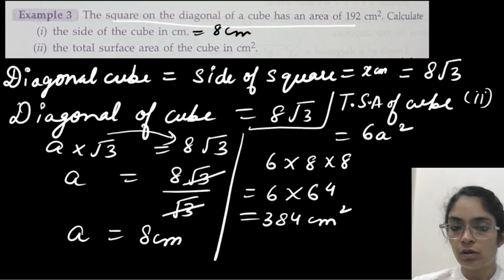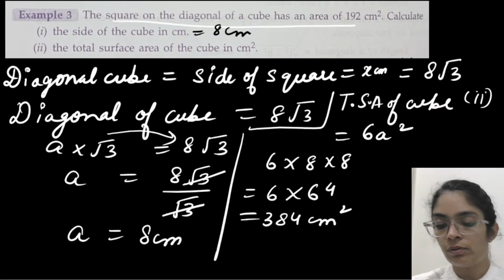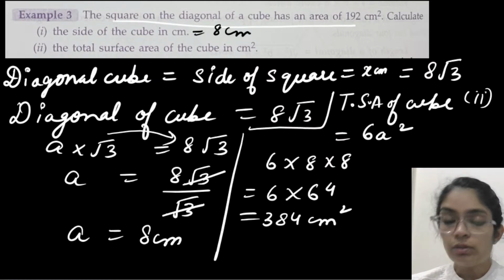We want others also to give the answer so that we can check whether everyone is getting the same answer or not. 384. Okay, so Divya has also given the answer. Nikhil. Okay. So 384 centimeter square is the answer of the total surface area of the cube.